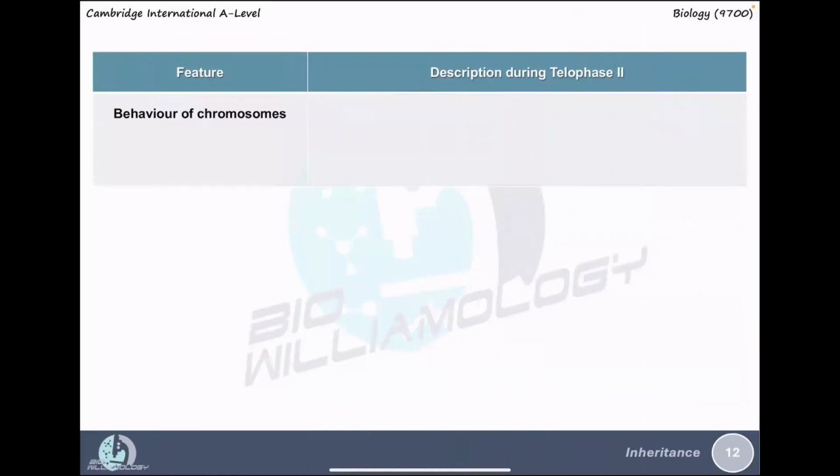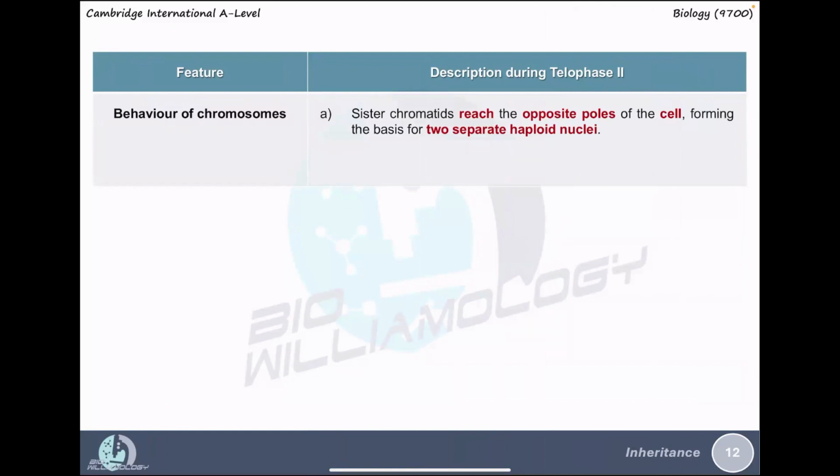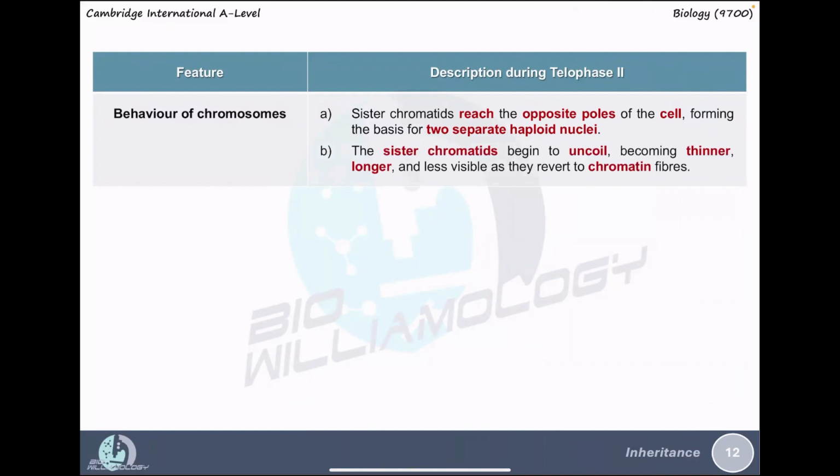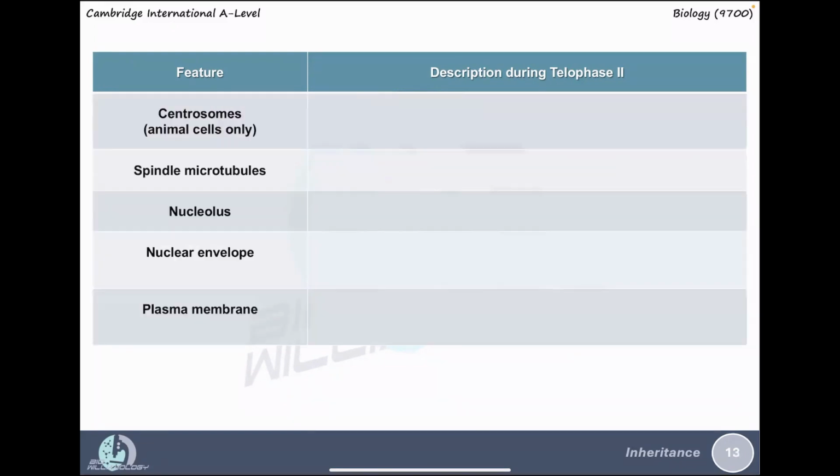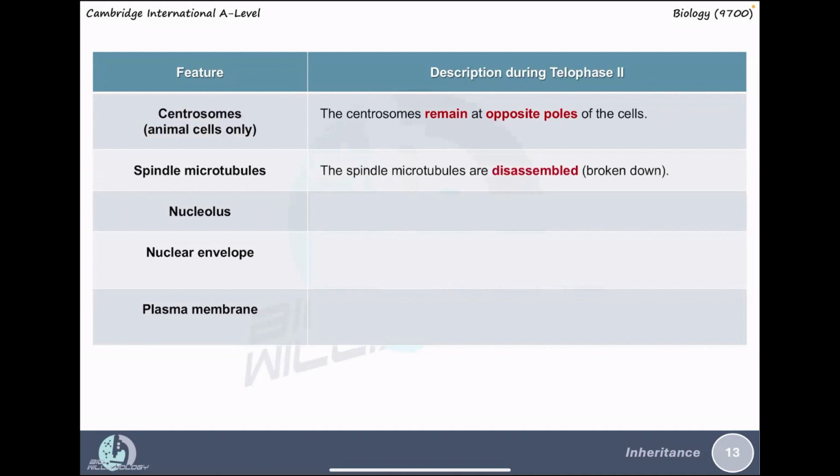As for the behavior of the chromosomes, sister chromatids now reach the opposite poles of the cells, forming the basis for two separate haploid nuclei. The sister chromatids begin to uncoil, becoming thinner, longer, and less visible as they revert back to chromatin fiber. During telophase 2, the centrosome remains at the opposite pole of the cells. The spindle microtubule is disassembled or broken down.